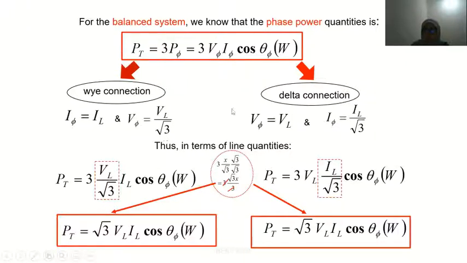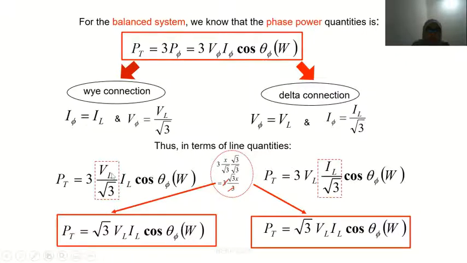It depends on whether it is delta or Y connection. For the Y connection, P total is 3 V phase I phase cos theta phase.